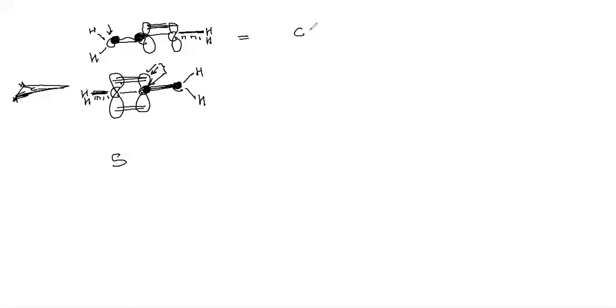C double bond C, C double bond C. The hydrogens are in a perpendicular plane to this carbon, and in the plane of the carbon here. If I draw it here, it is just the reverse of it. This is the overall geometry of the molecule.